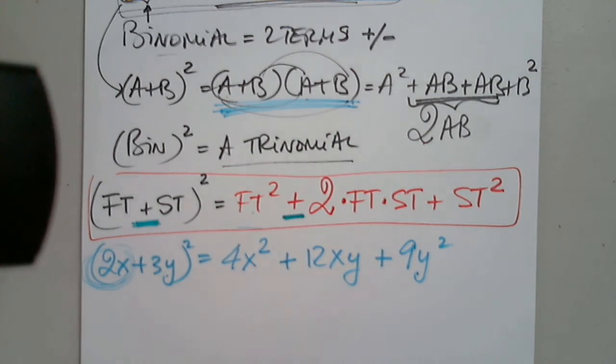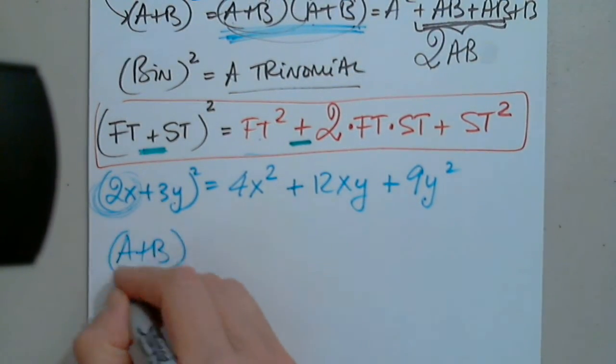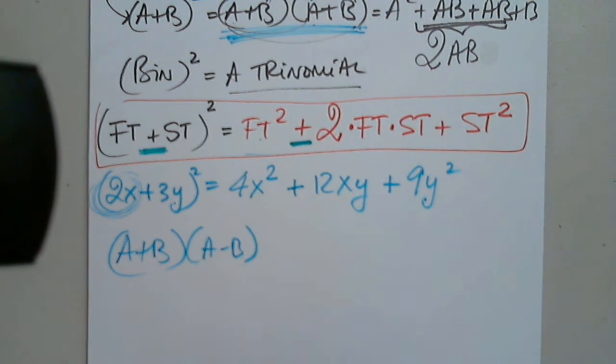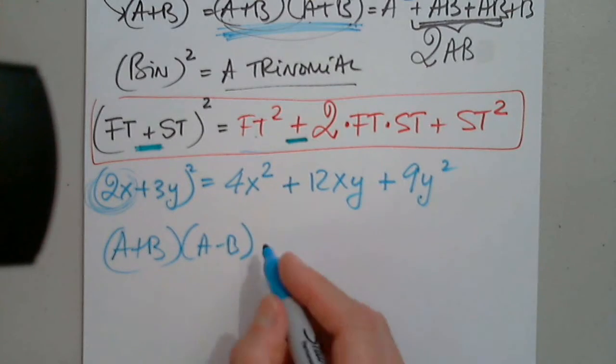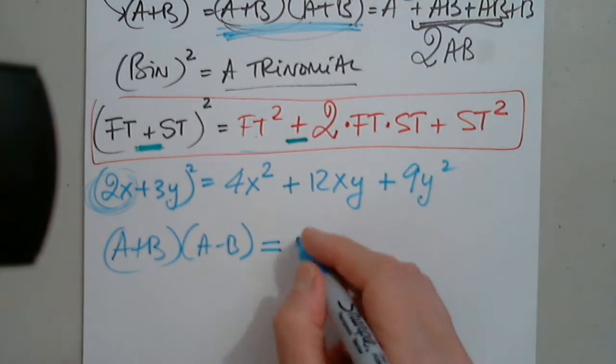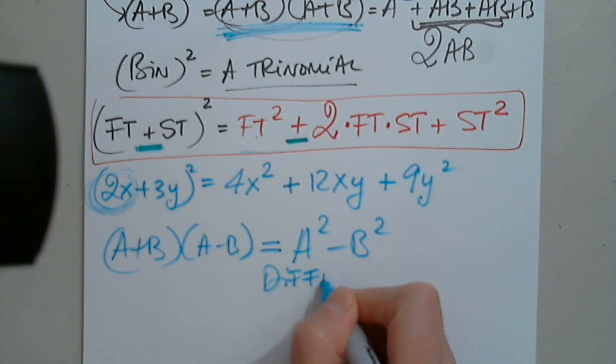Okay, so now let's look at the last special product. Very useful as well. A plus B times A minus B. Can anyone tell us the answer? A squared minus B squared. Indeed. This is the difference of squares.